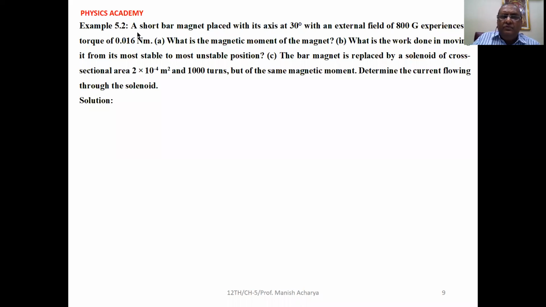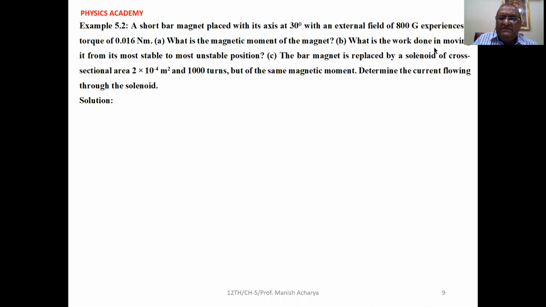Example 5.2. A. A short bar magnet placed with its axis at 30° with an external field of 800 Gauss experiences a torque of 0.016 Newton meter. What is the magnetic moment of the magnet?